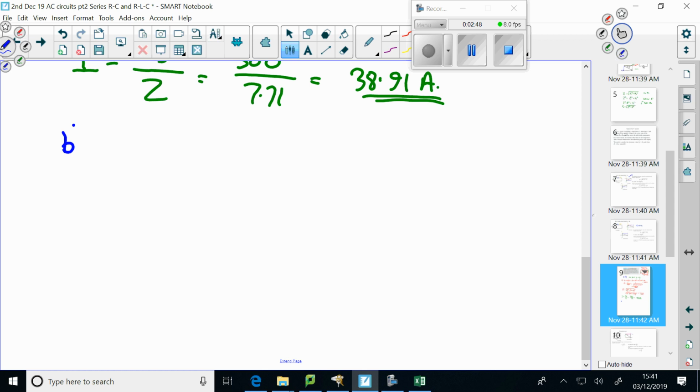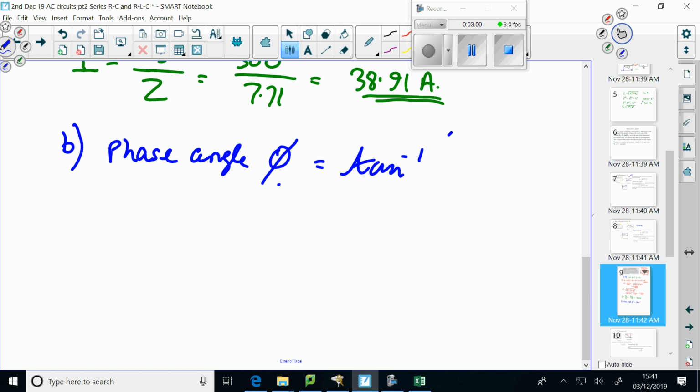B, the phase angle can be found from tan to the minus 1 of the overall reactance. The overall reactance, remember, is XL minus XC over the resistance.